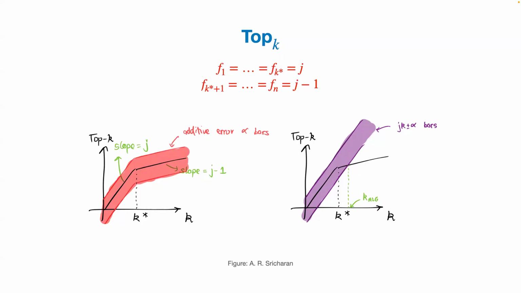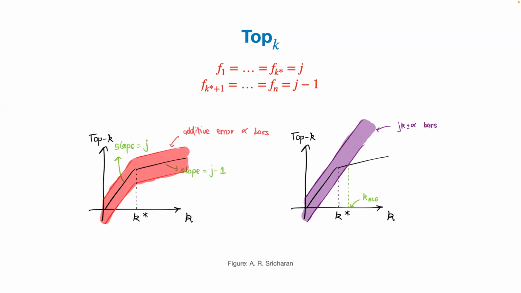Under the assumption that K is smaller than K star forever, we expect the output of the algorithm to be in that purple area over there. Since the output is not working like that, and its slope goes down by 1 at some point, we expect it to exit this region at some point.